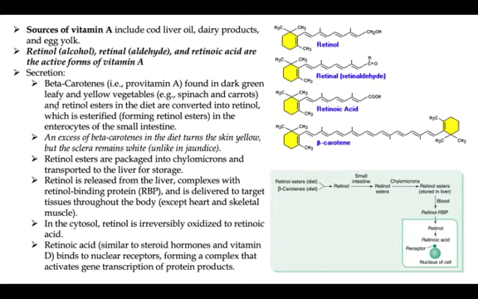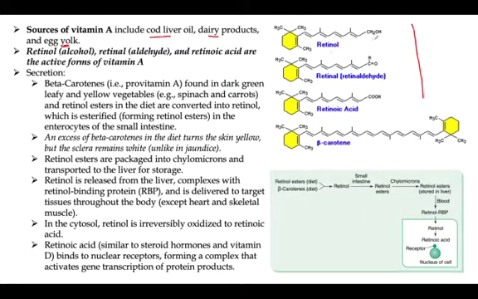Now, vitamin A is derived from cod liver oil, dairy products and egg yolk. There are different molecular forms of vitamin A which are shown in this part of the slide.